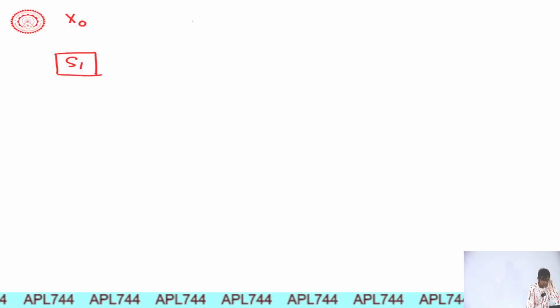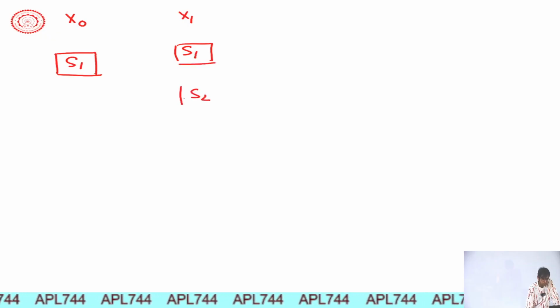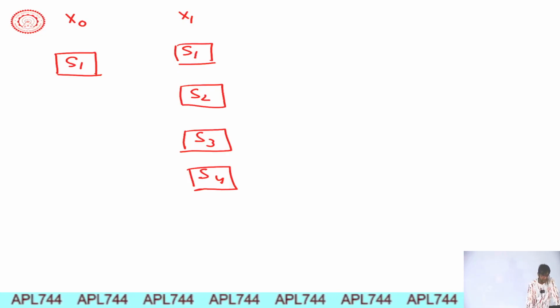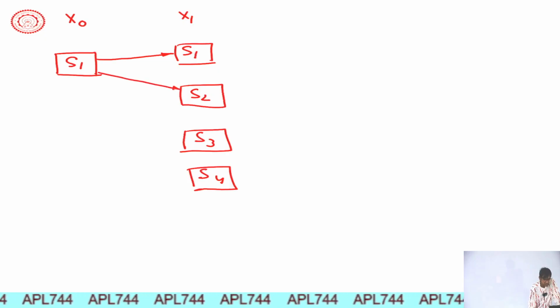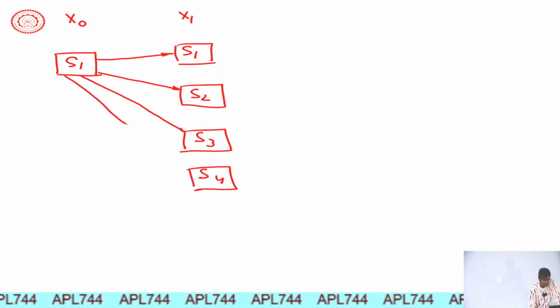Then at x1 I can observe either S1 or S2 or S3 or S4. One of these four I will have to observe, right, for my problem. And given that S1 has been observed, each of these will have a probability.